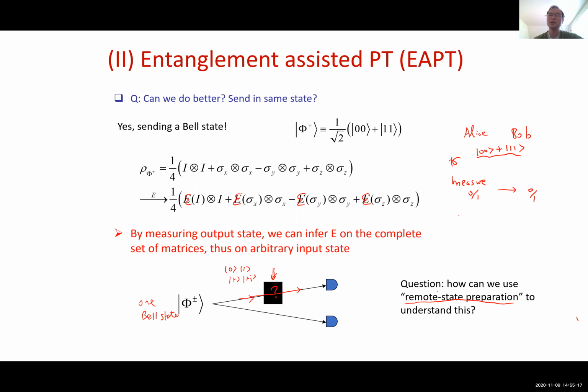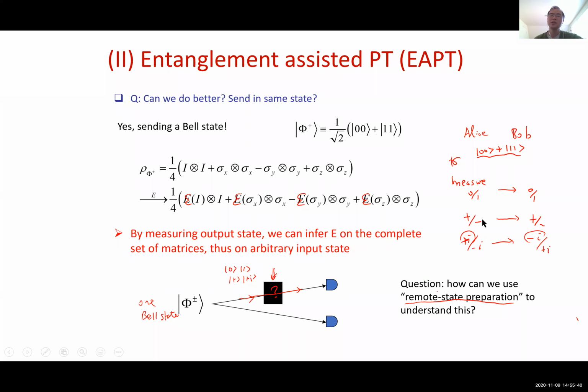Alice could measure in the plus and minus basis, Bob would also get something like that. There might be a change: the plus i outcome on Alice would correspond to minus i outcome on Bob.